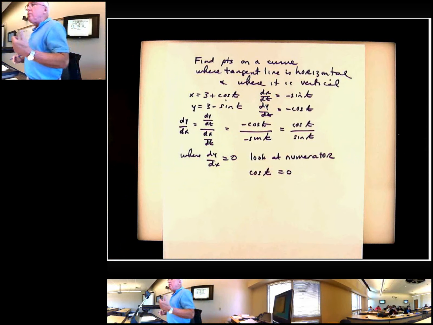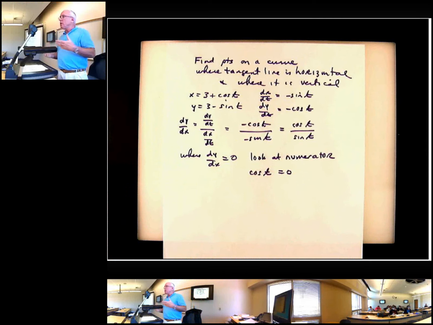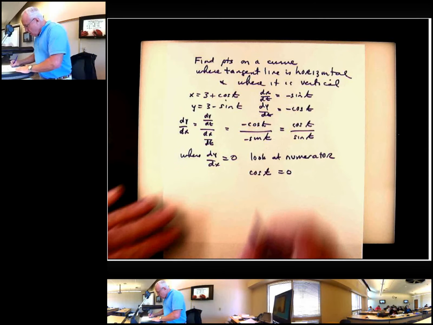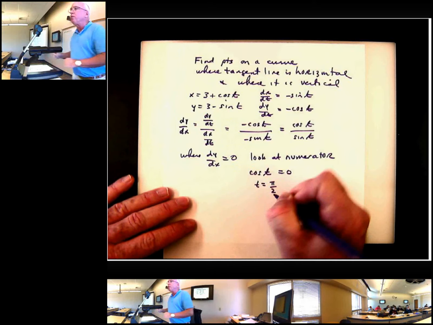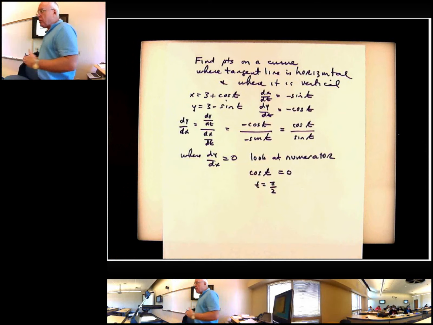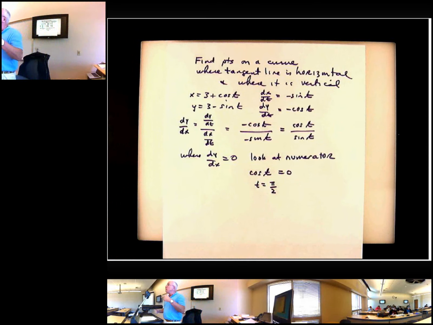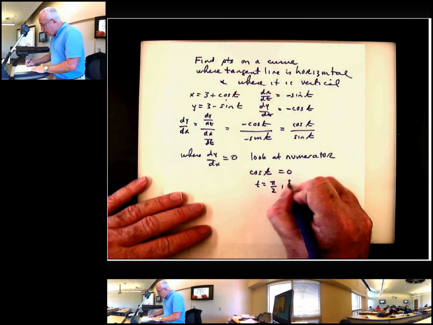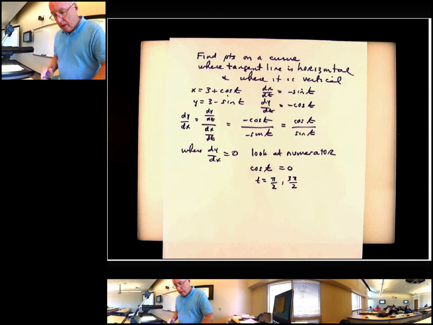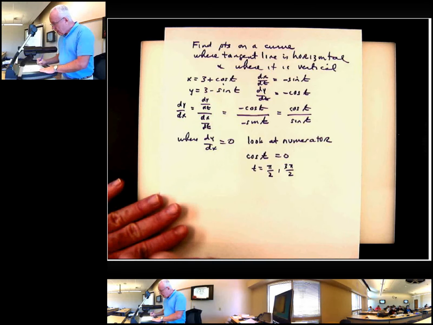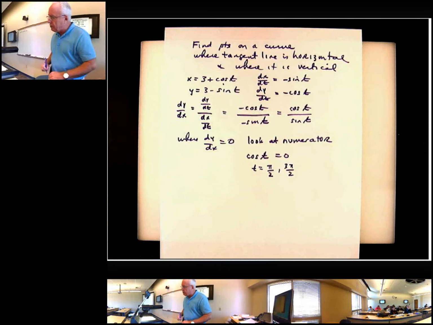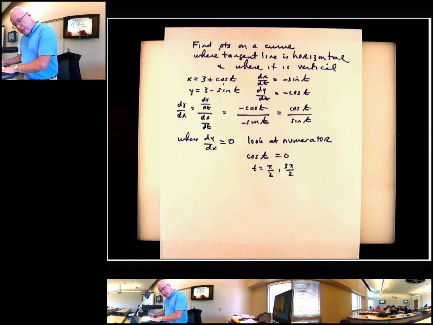Then we have to think about what values of t will give us a 0 for the cosine. Well, certainly one value is pi over 2, 90 degrees. Also, if we go around another 180 degrees, 3 pi over 2 also gives us a 0 for the cosine. So those are two values of t that will give us a tangent line of slope 0.